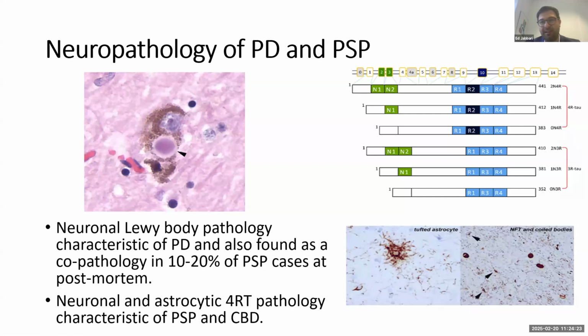There's a lot of debate in the literature as to whether that co-pathology actually impacts on the clinical profile during life or how the disease progresses. So for now, that's slightly debatable, should we say. But by and large, pathologically, we should consider Parkinson's disease and PSP as two distinct disorders. They're very different pathologically.